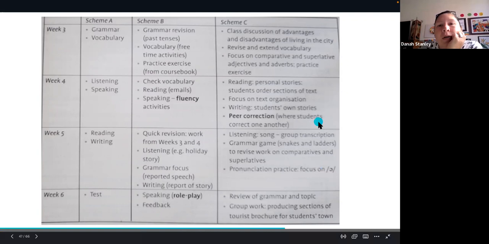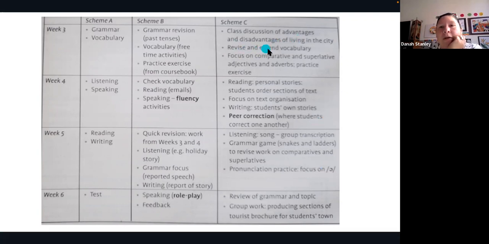Because look here, they have a discussion of advantages and disadvantages of living in the city. Then they revise and extend vocabulary, so it's supposed that they already have experience. Then focus on the comparative and superlative adjectives and adverbs practice exercise. Entonces, pues they are comparing and contrasting.